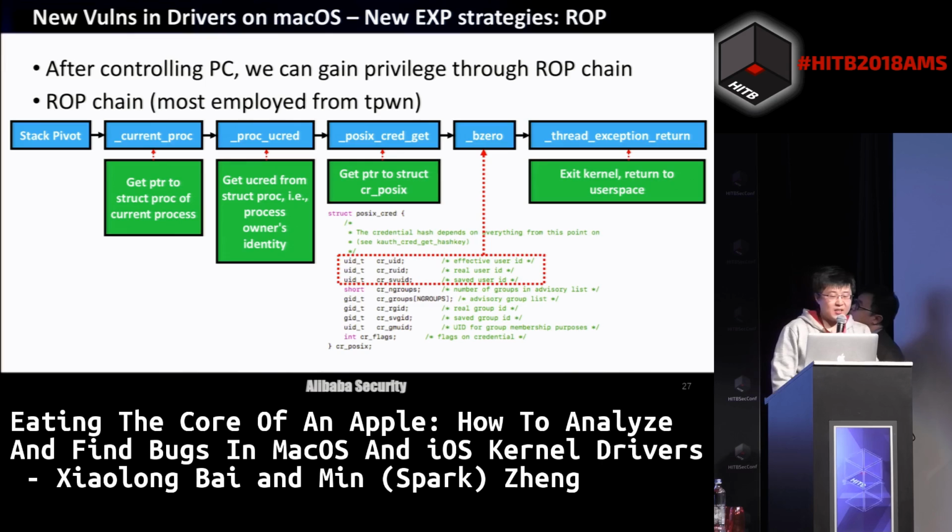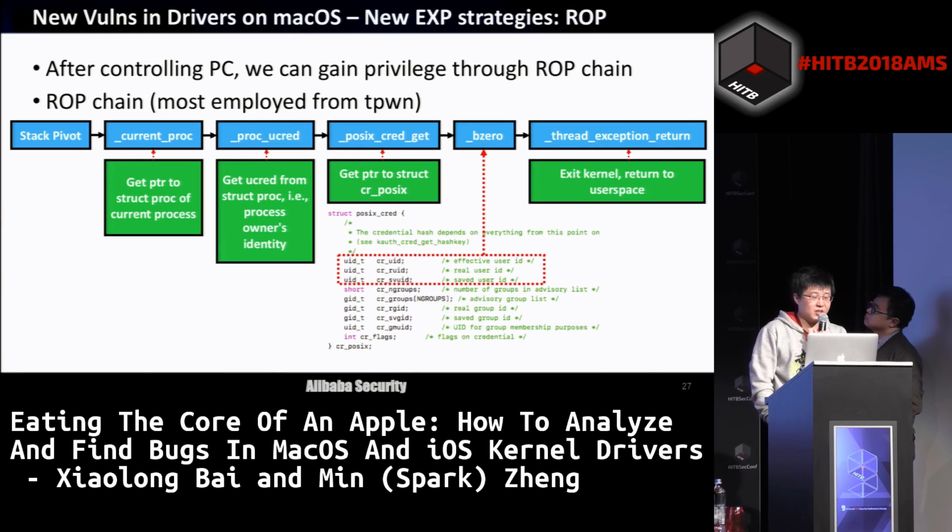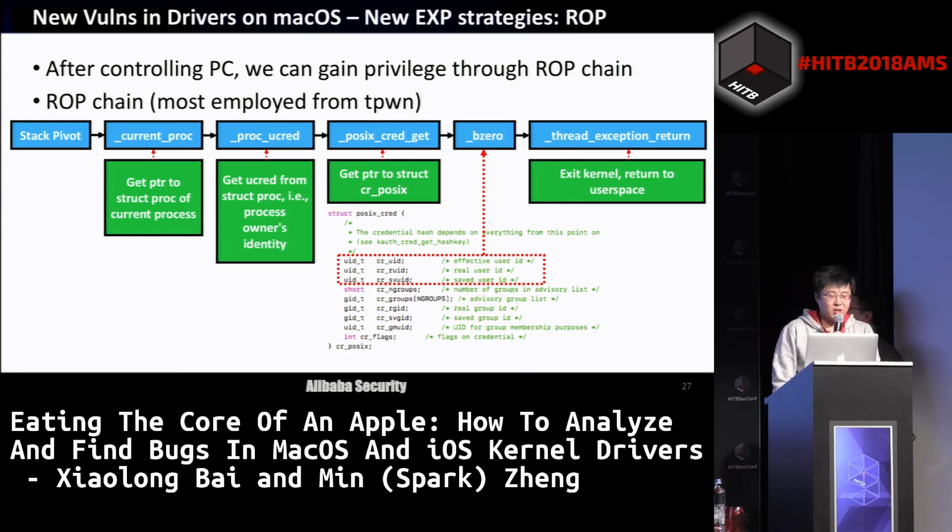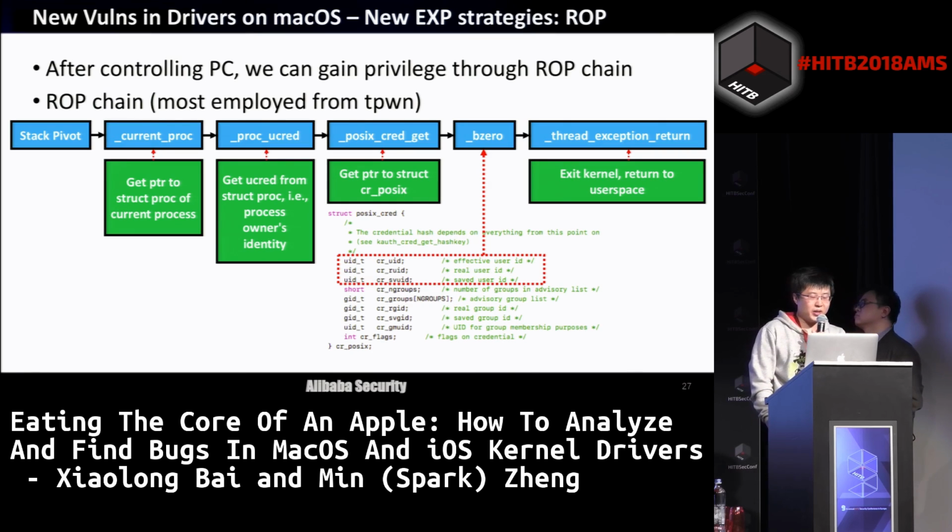Here is a classic ROP chain to get root privilege. First, you need to do a stack pivot to control the stack, and then you use current_proc to get the pointer of the structure of the current process. Then you use proc_ucred to get the identity of the process structure.